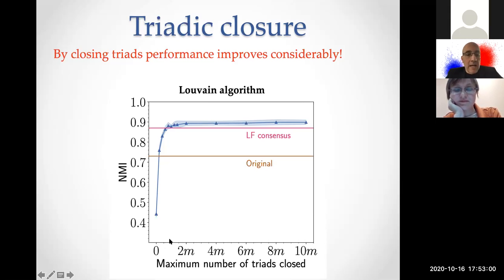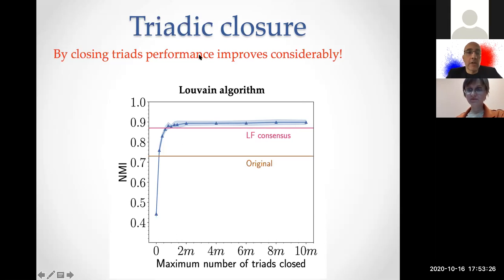If you do that, after about m additions, the performance stabilizes, so you don't need to add more than m new elements to the consensus matrix by doing this triadic closure operation, and the final result is better than even the original slow consensus procedure. So this is why we do this triadic closure thing.